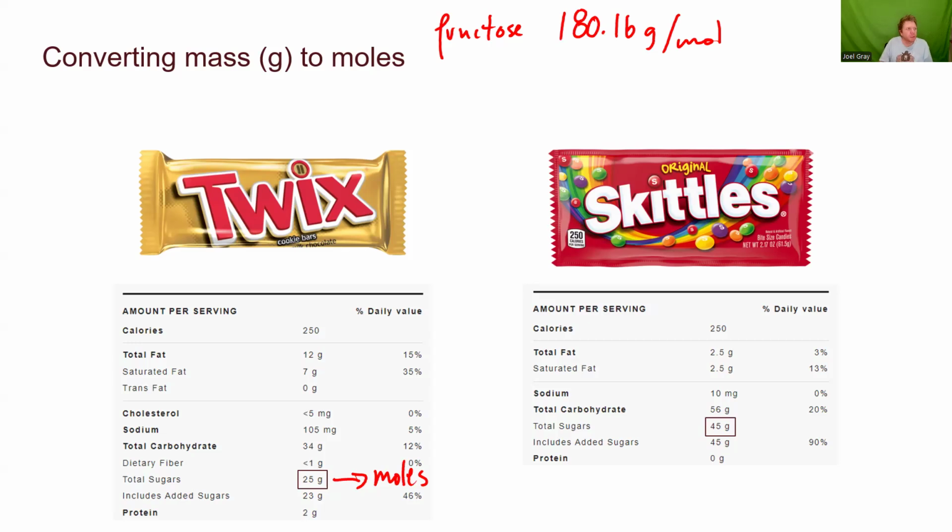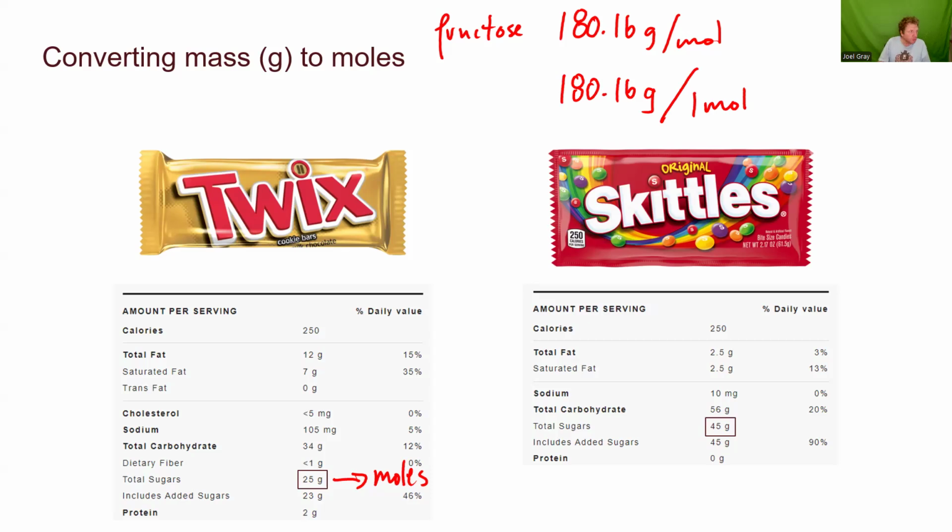Well, what I'm going to do right here is take this number, this 180.16 grams per mole, and kind of rephrase it as a definition. Anytime you see 180.16 g divided by mole, that's the same thing as 180.16 grams per 1 mole. The 1 is not there, but it's kind of implied. So 180.16 grams per 1 mole.